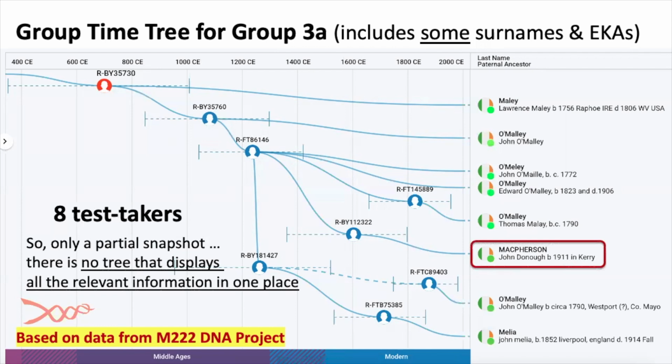But this is useful because on this particular version of the group time tree, there is a Macpherson sitting amongst all these O'Malleys. This is typically how a surname or DNA switch will look on the tree of mankind. This Macpherson is probably looking around saying, I wonder where my Macpherson cousins are. Why are they all O'Malleys?